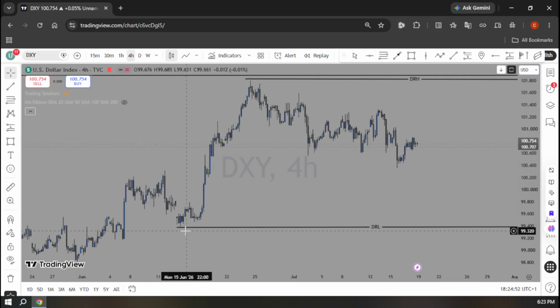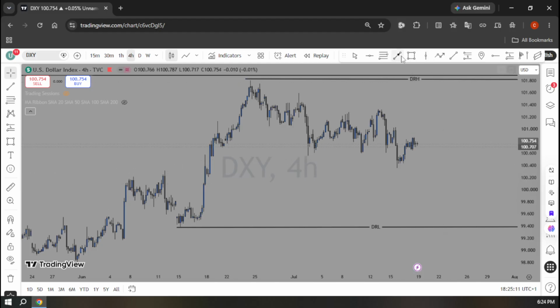So when we see price move way high like this and there's a break of structure, it creates an avenue for us to anticipate a price pullback and for price to move back into the direction which we anticipate.